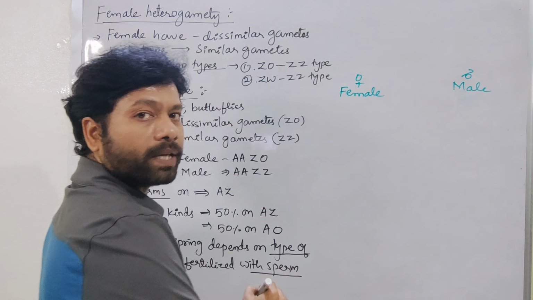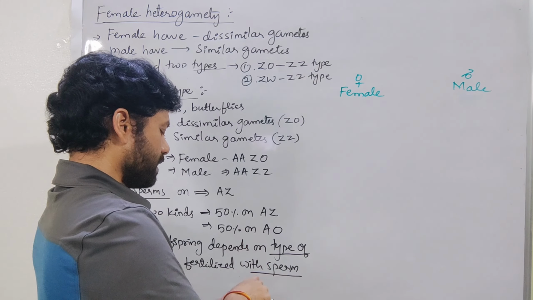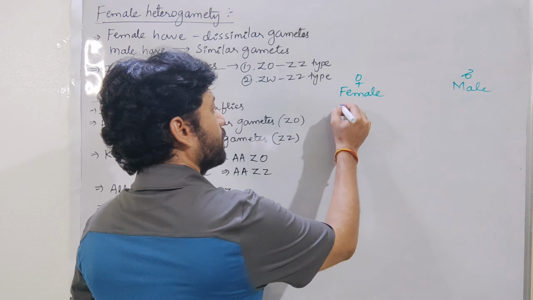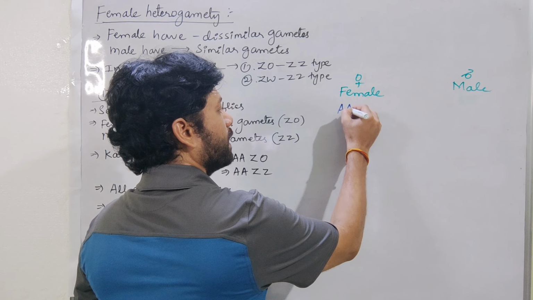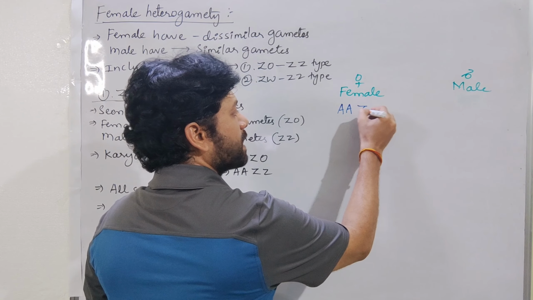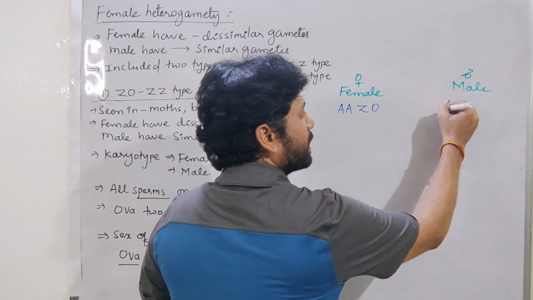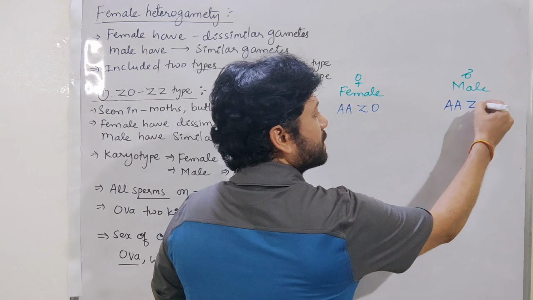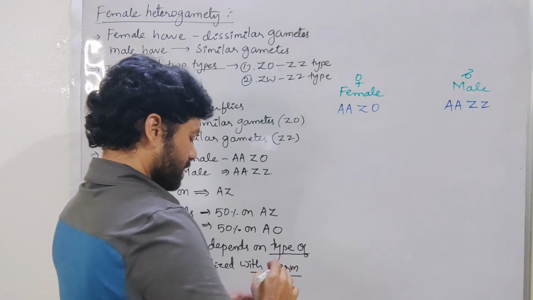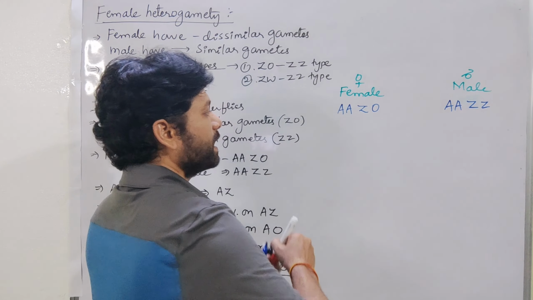What is the karyotype here, female and male? Female is ZO. Male is AAZZ.